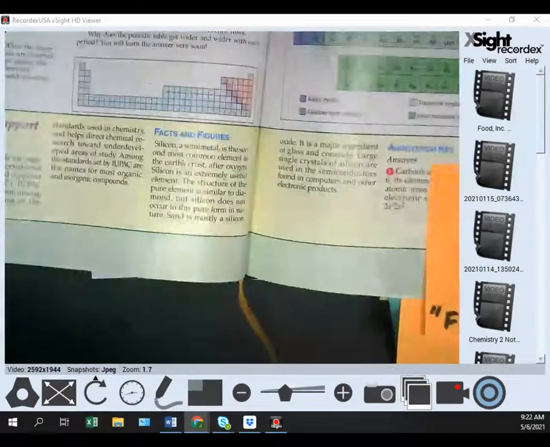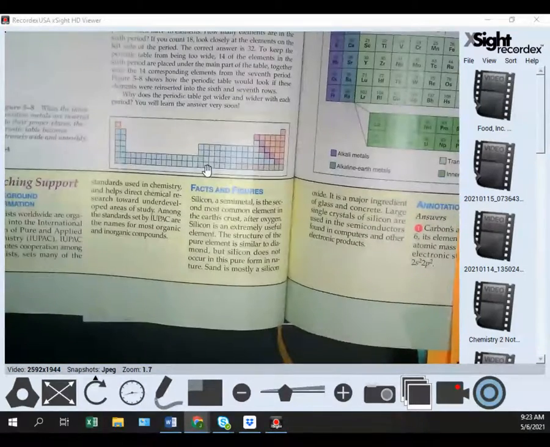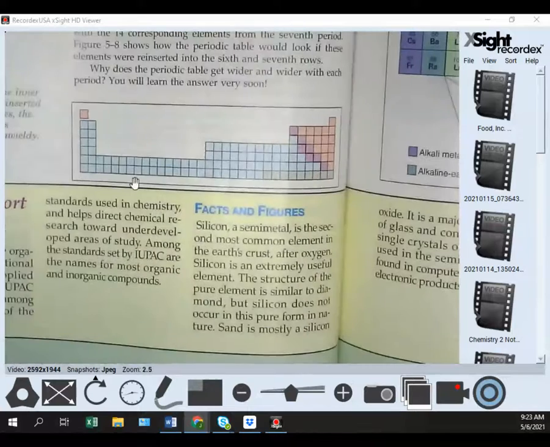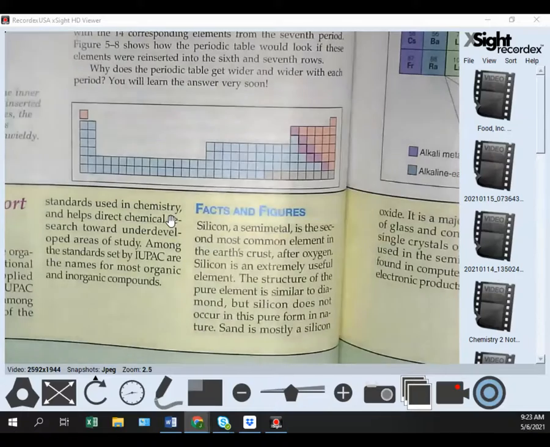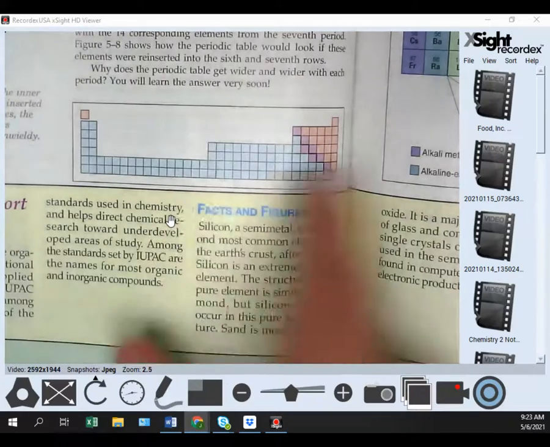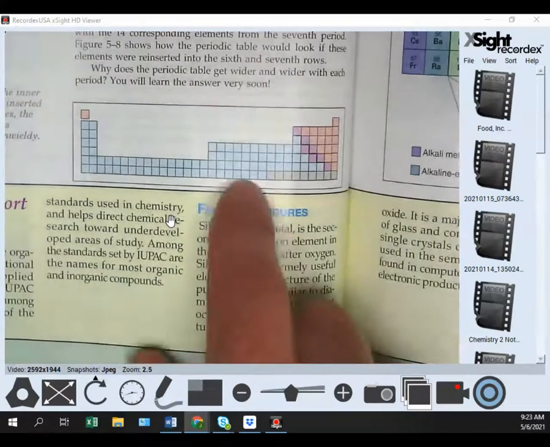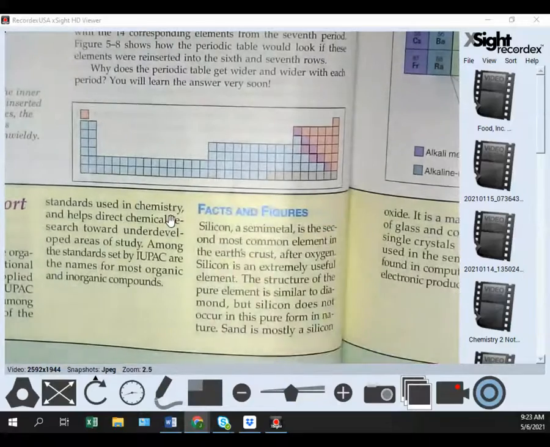The actual full periodic table looks like this. These two rows right here are what they pull out and put underneath. The reason they do that is if you did it like this, you wouldn't be able to have this on a piece of paper and actually see anything written in the squares. It's just way too long. Okay. Yeah.